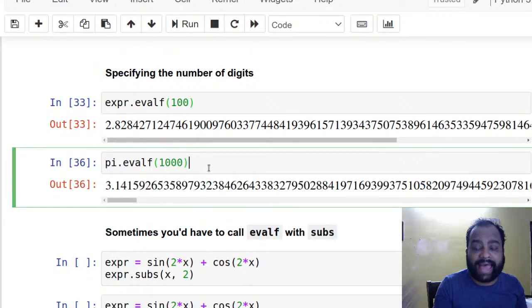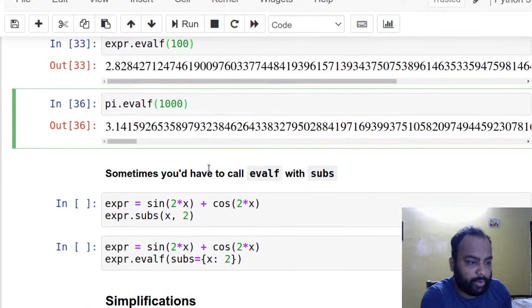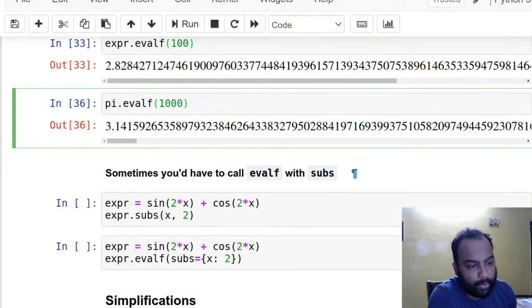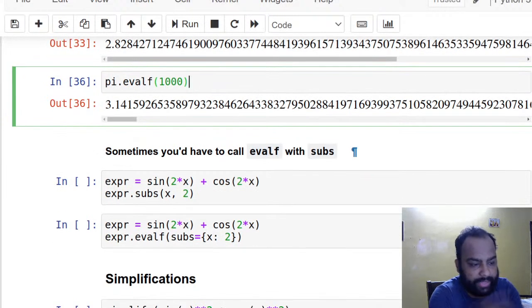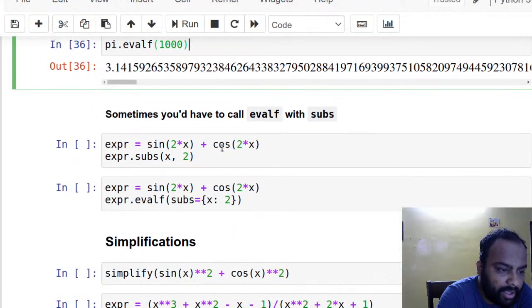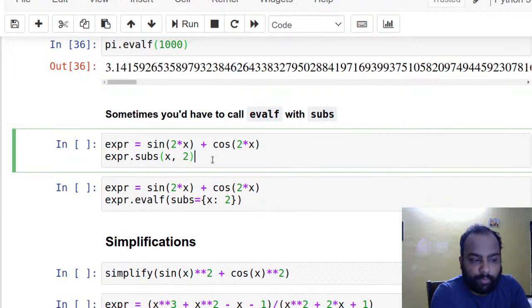But again, NumPy has its own advantages. Whenever you don't need this much precision, or whenever you can get away with not representing everything exactly, you can use NumPy, because NumPy is pretty fast. But whenever you need exact representations or symbolic computations, you would need this. All right. Okay, there is just one more example.